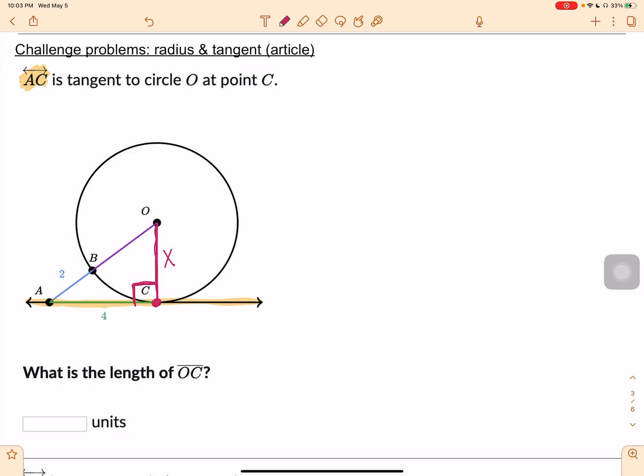Okay? So there's a few different ways that we can do this. First of all, I want us to recognize that this is a right angle. We can use the Pythagorean theorem, okay? So here we're asked to find the radius. You guys will notice that this is also the radius here. So let's also call that x. Okay?